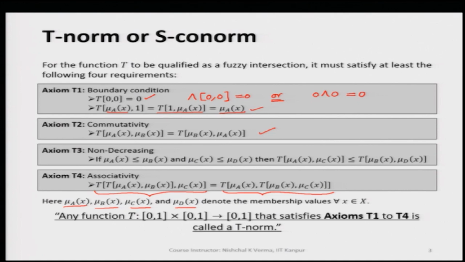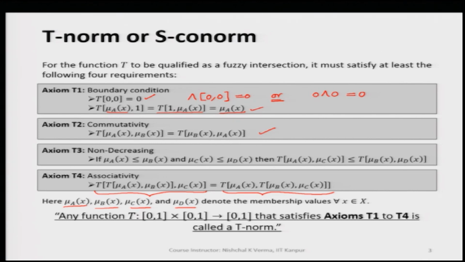Now we can clearly say that any function T from the limit 0 comma 1 cross 0 comma 1 to the limit 0 comma 1, if it is a triangular norm, is going to satisfy all the axioms of the T norm.